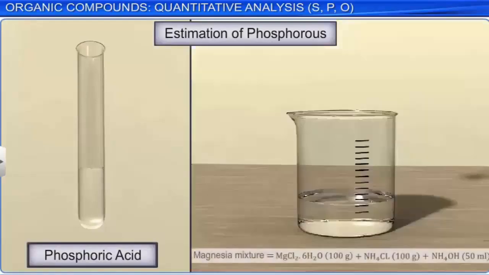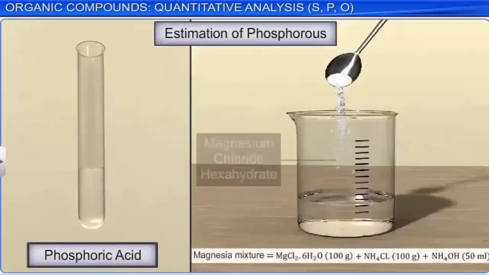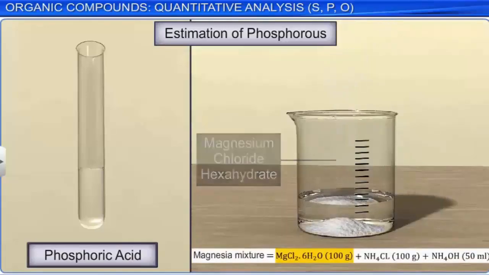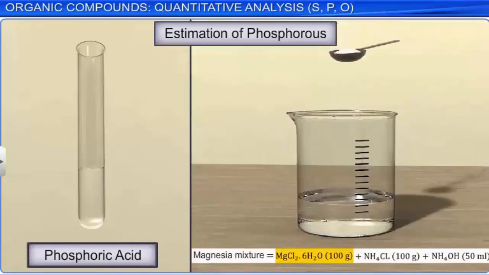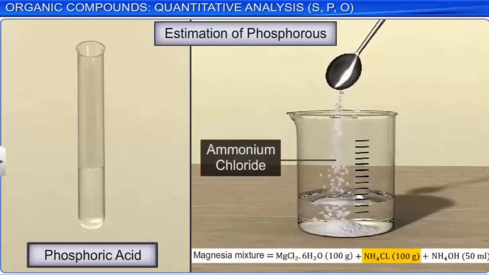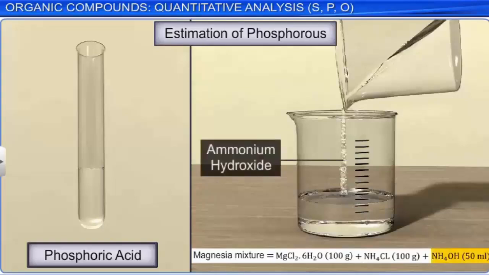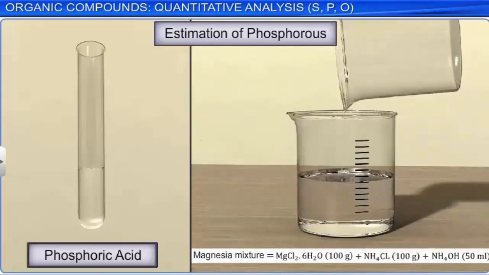Magnesium mixture is obtained by dissolving 100 grams of magnesium chloride hexahydrate and 100 grams of ammonium chloride in water. To this, 50 ml of ammonium hydroxide is added and the solution is diluted to 1000 ml.